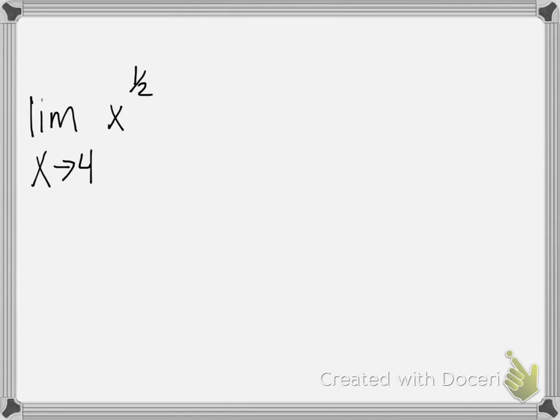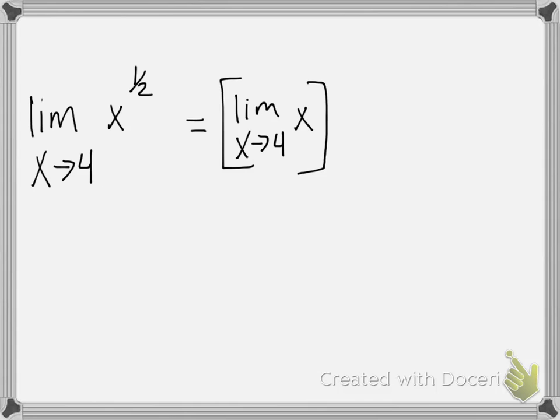That is going to be equal to the limit as x goes to 4 of x, to the 1/2. So that is going to be 4 to the 1/2, which is 2.